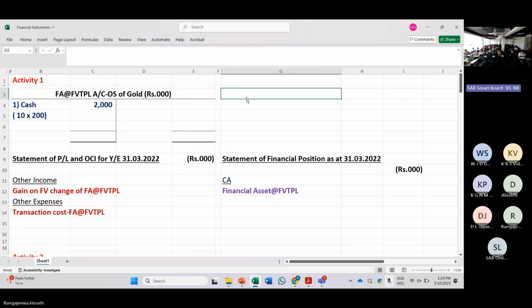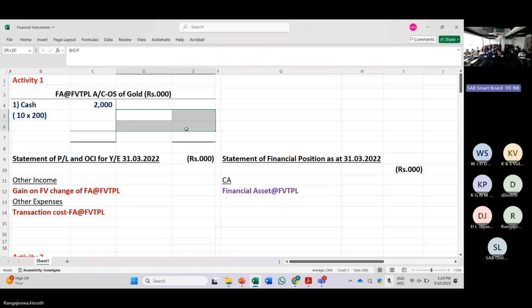So it is 10,000 shares at 200, 2,000. Then at the end of the year, the market price of a share, the transaction cost is not added here because it's a fair value through P&L financial asset.